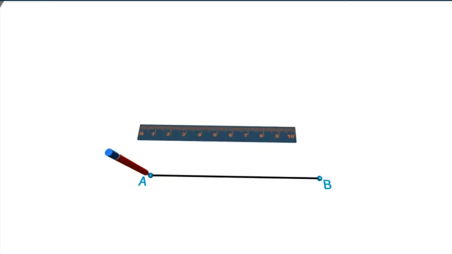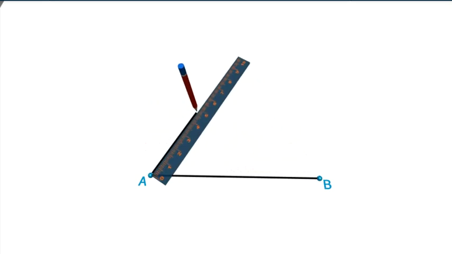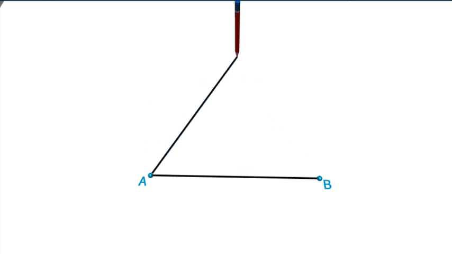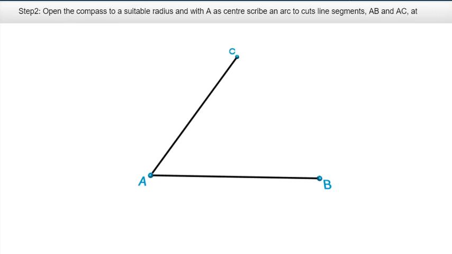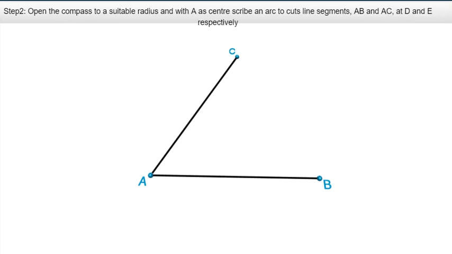Alright, so I draw my line segment AB. Then to complete my angle, I draw a line segment AC, also of length 10 centimeters. I did that so that the arms of the angle, AC and AB, are of the same length.